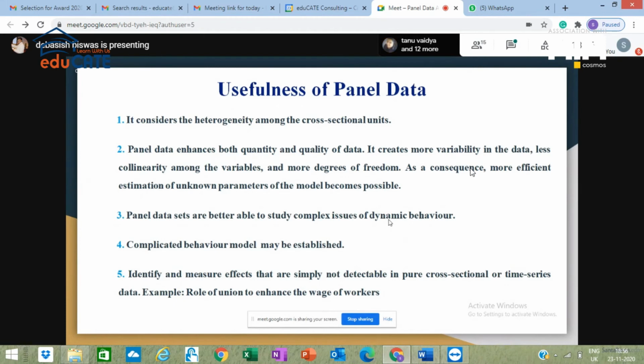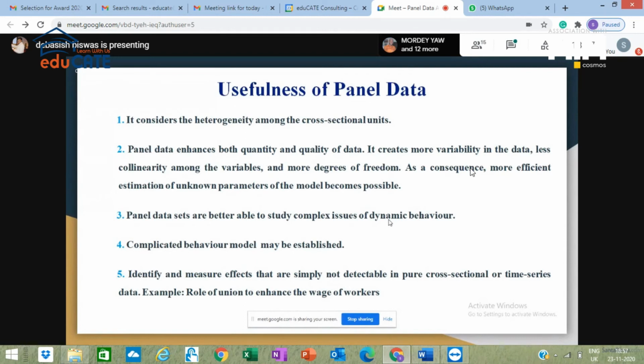To measure the impact on various companies, we consider cross-sectional units, and you also have to consider more time periods. If you observe only one time period, you cannot say there is an impact. To measure the impact, you have to observe at least 2 years, 3 years, 4 years, more than 4 years in this way.